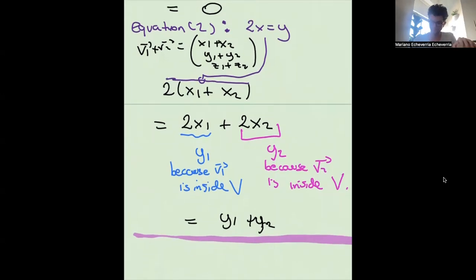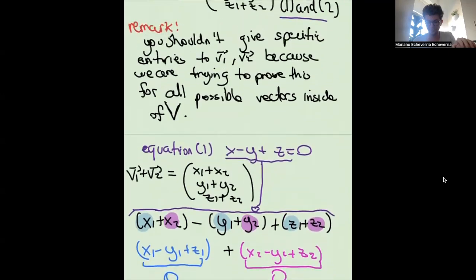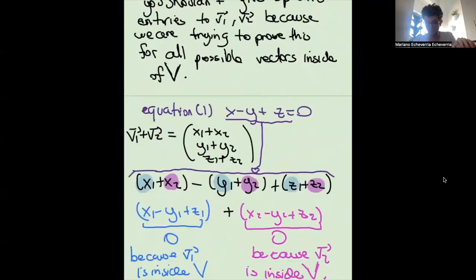Let's check the rescaling property, which is the other one that we have to check.